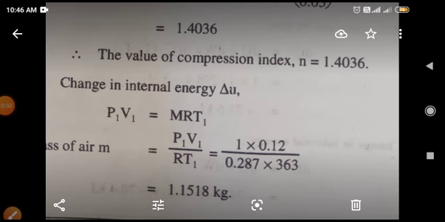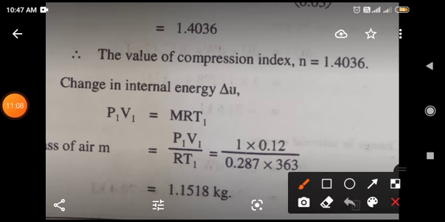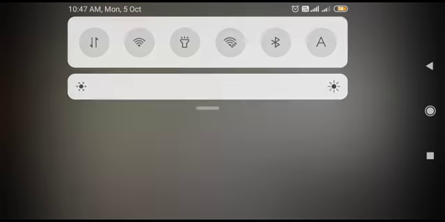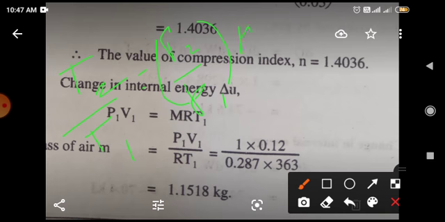To calculate the final temperature of the gas, let us do one thing. T2 upon T1, we have the value of n. We can write T2 upon T1 equals (P2 upon P1) raised to (n minus 1) upon n.